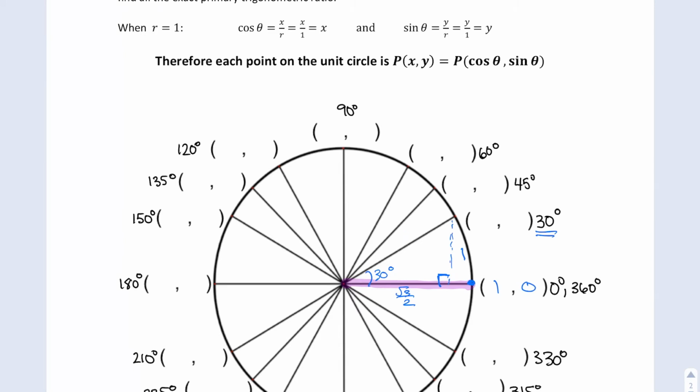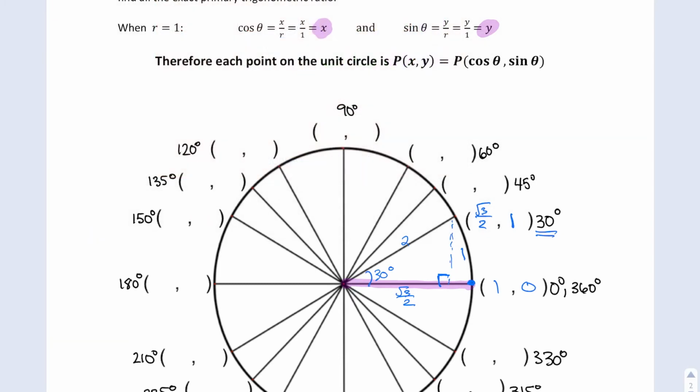It's going to be my hypotenuse, which is 2. So you would just fill in your x and your y. So I've got x is √3 over 2 and y is 1. So knowing that sine is y and x represents my cosine, you can figure out cosine of 30.